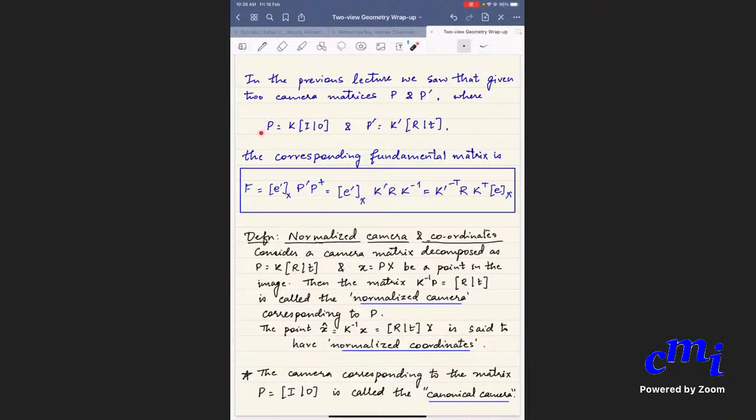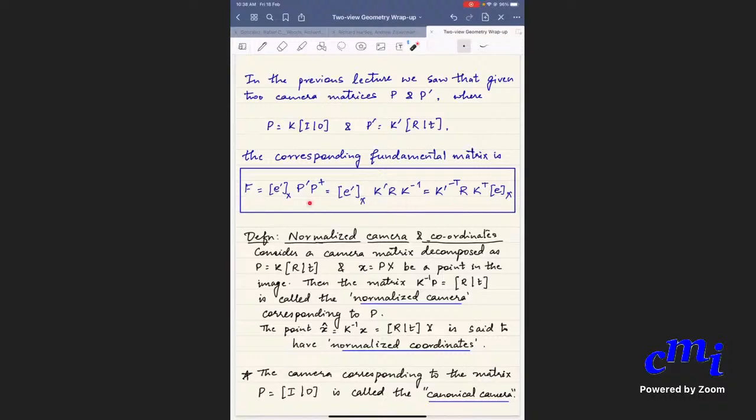And suppose that the first camera is placed at the origin of the world coordinates. So it's in a special position. The reference camera is in this special position. Under this assumption, the corresponding fundamental matrix of that configuration is given by this formula.